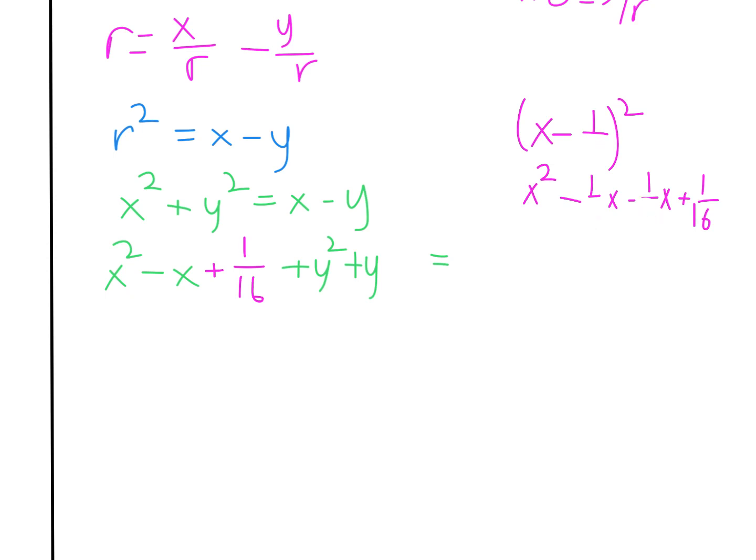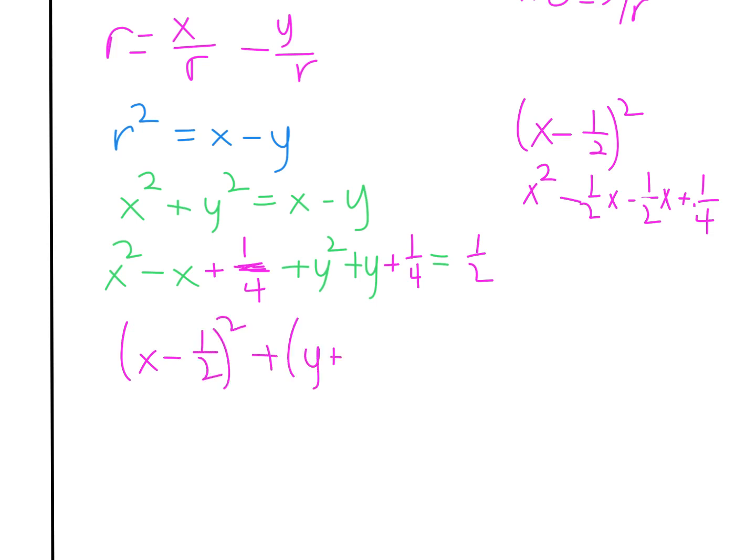That's got to be 1/2 and 1/2, right? That would be better. There we go. Silly goose. My brain fell out. Tried to do 2 steps at once. So that's got to be plus 1/4 to complete that. This is the same thing, so that's got to be plus 1/4. So that's 1/2 over here. So that's going to be x minus a half squared plus y plus a half squared equals 1/2. That looks like a circle.